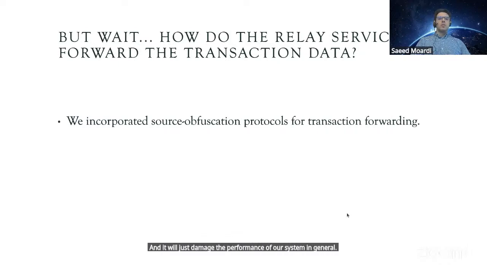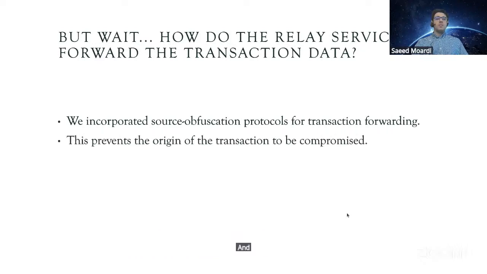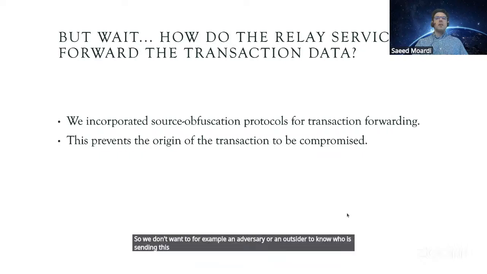So there are some reasons that we are doing so, and the main reason is we want to obfuscate or hide the origin of the transaction. This is because it prevents the origin of the transaction from being compromised. We don't want an adversary or an outsider to know who is sending this transaction. For example, let's say someone tampers with or has unauthorized access to one of our relay services.